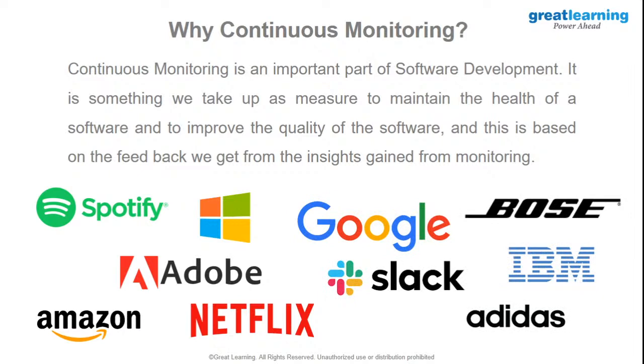If I had to list all the companies that monitor, I would have to list every company that exists, because almost every company in the world monitors their application or software or the system that they're using. Even Great Learning has the application that I was just talking about. Even we monitor how the application is doing, and we make sure that it remains healthy and is always up and running. So that's why you can see that monitoring is very important.